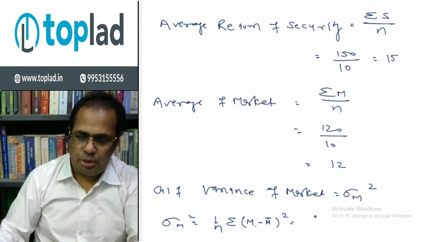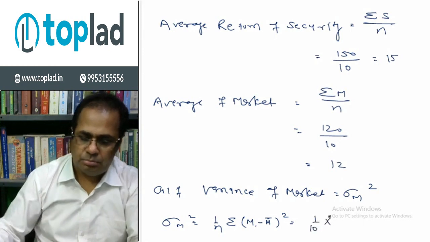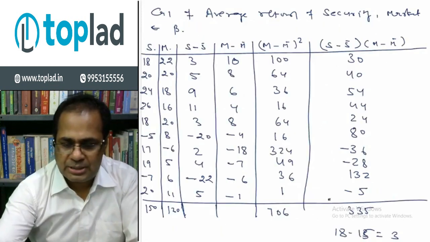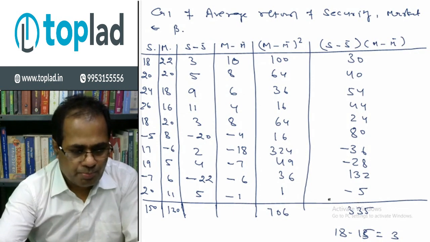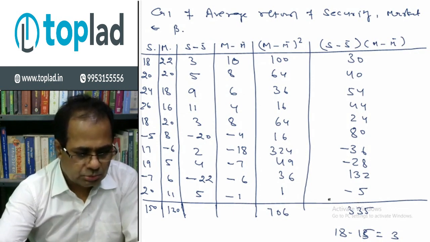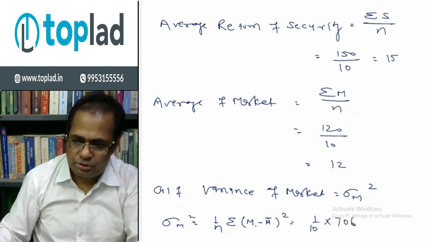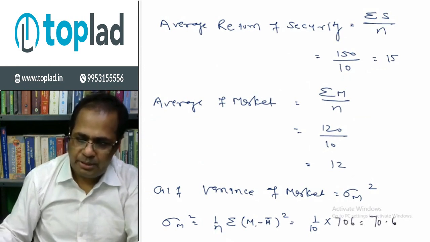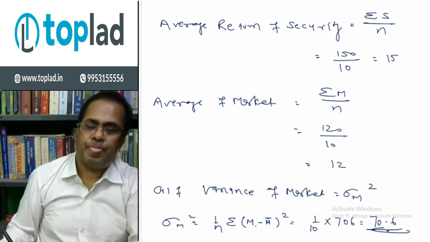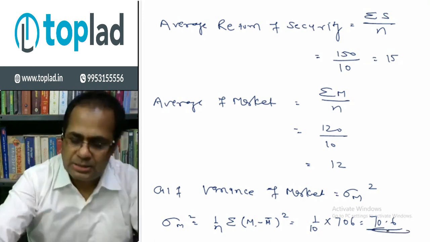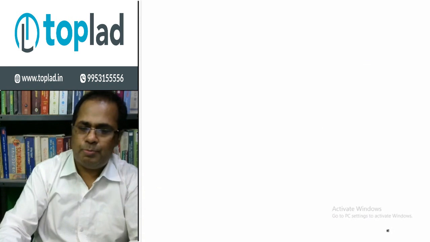This is 1 upon 10. What is the m minus m bar whole square? 706. You write here 706, divided by 10 is 70.6. Now you can calculate beta. The answer of the first part you can calculate now.